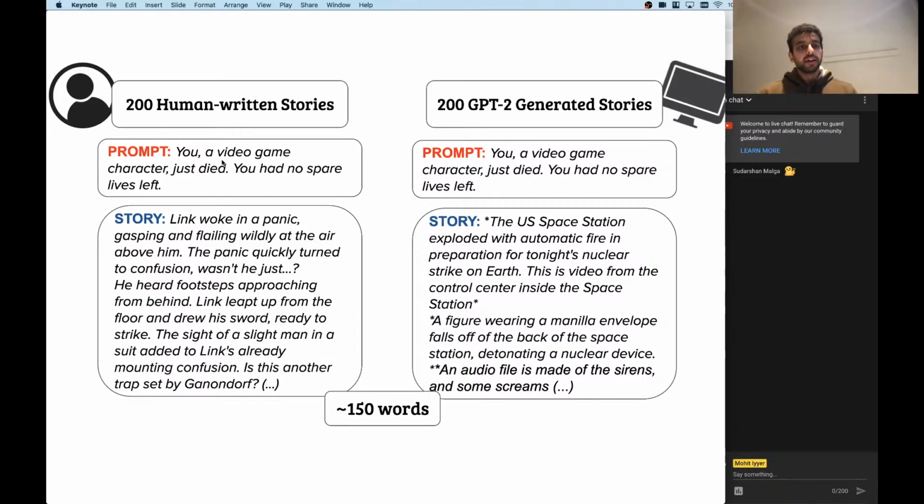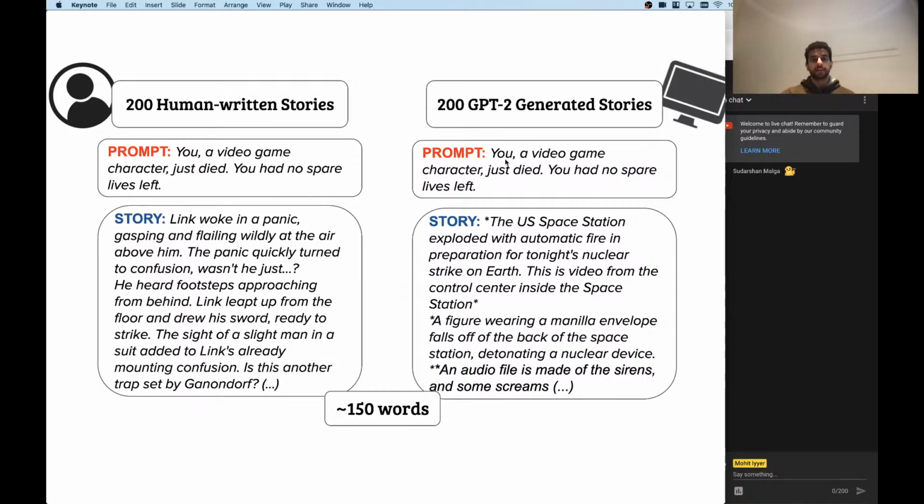One way that you can measure this is by seeing whether the raters of these stories will rate human-written stories higher than model-generated stories. As you said, we can train a simple language model like GPT-2 to generate these stories conditioned on the prompt. And just qualitatively, you can read the generated text and you can tell that this is not a good story.